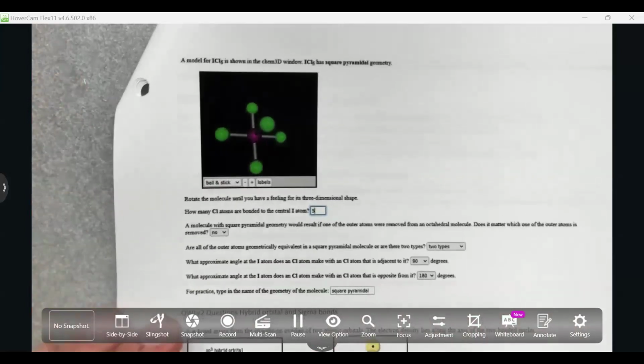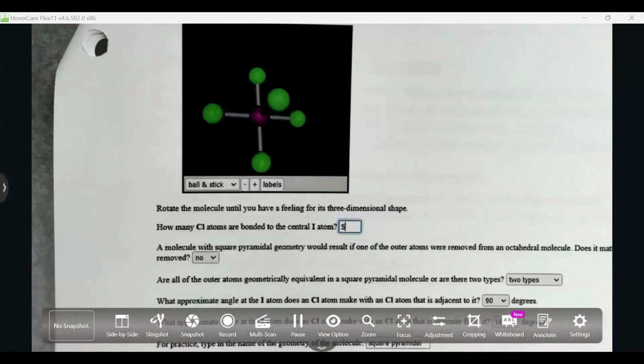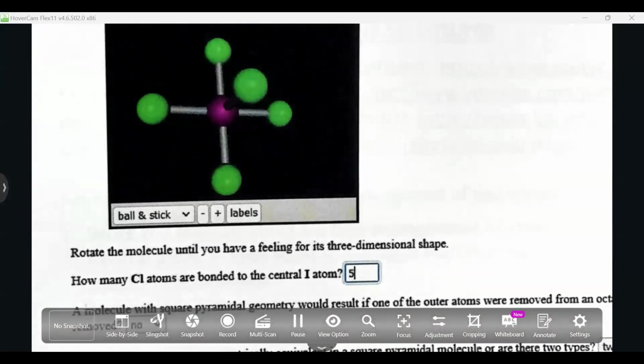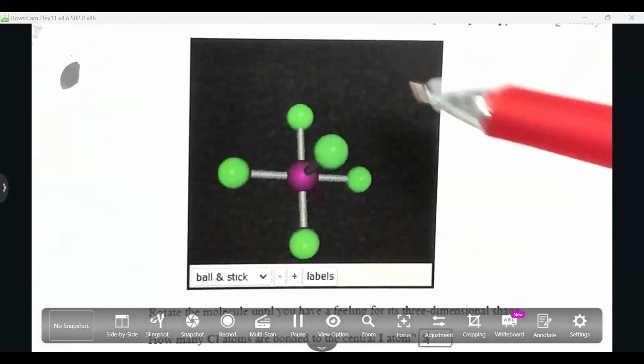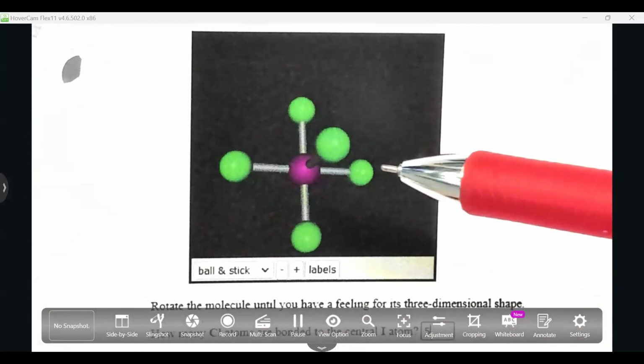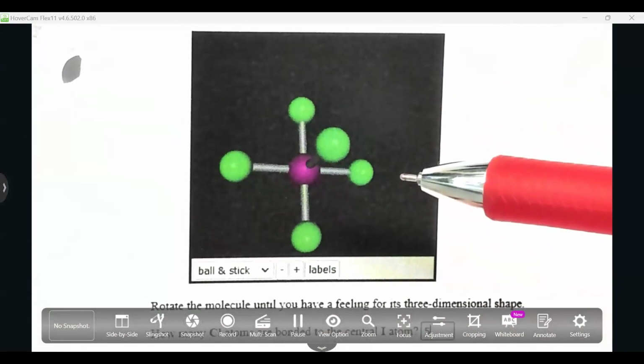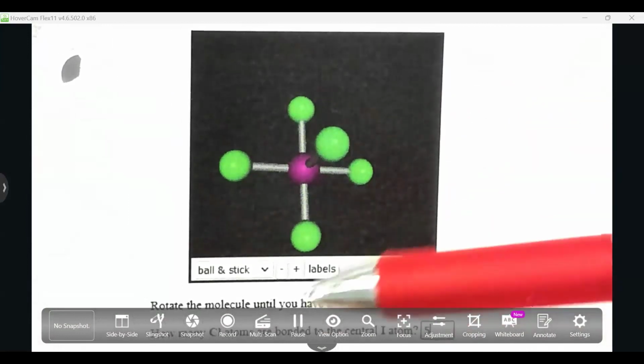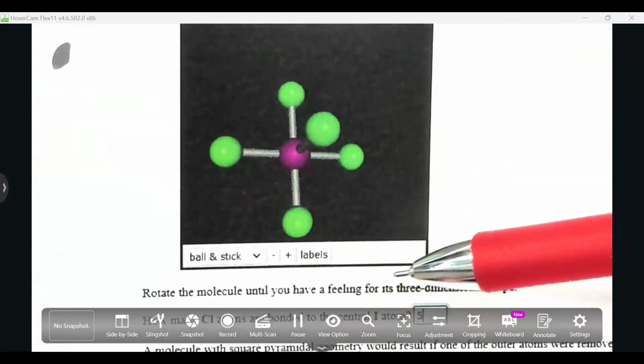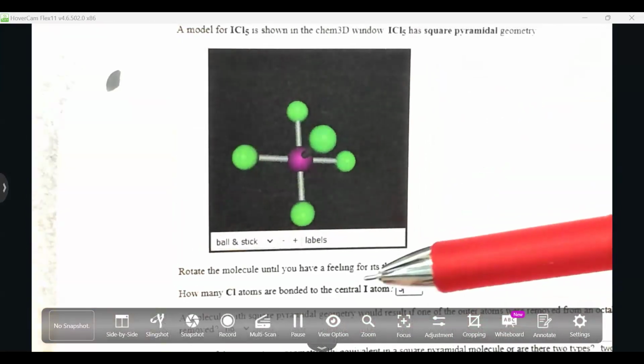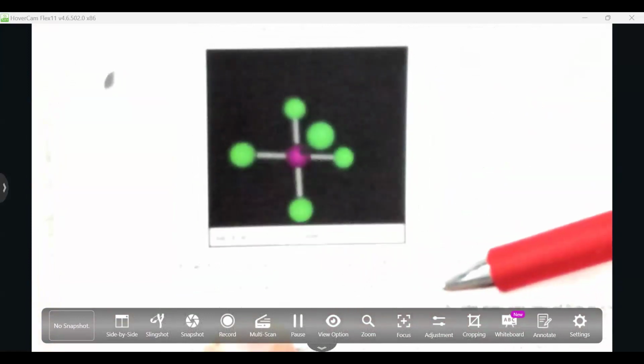So on the next page, this has 5 on the central atom. So rotate the molecule until you have a feeling of the 3-dimensional shape. How many chlorine atoms are bonded to the central atom? 5 in this case.